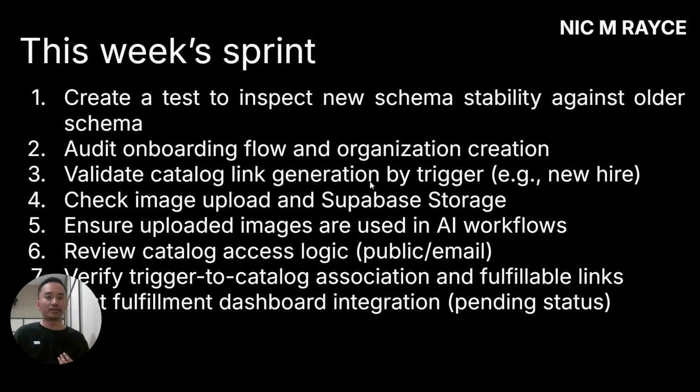Luckily we're not doing video uploads. That's a whole new story, where we might need to consider more advanced tools, a more advanced CDN for that. But these are just for the image upload, and then the uploaded images are used in the AI workflows, review catalog access logic, and verify trigger to catalog association, fulfillable links, and then fulfillment dashboard integration.